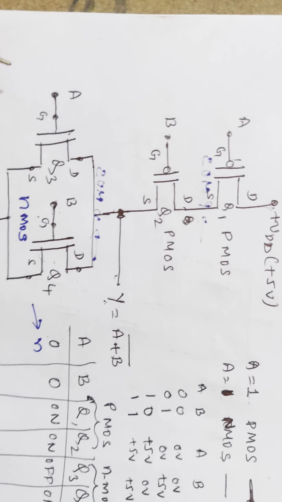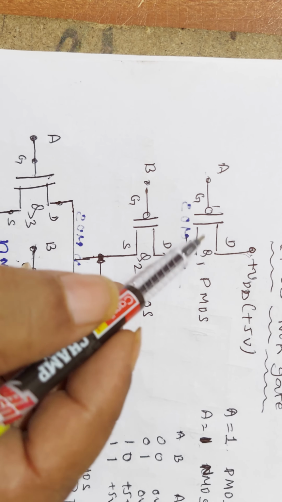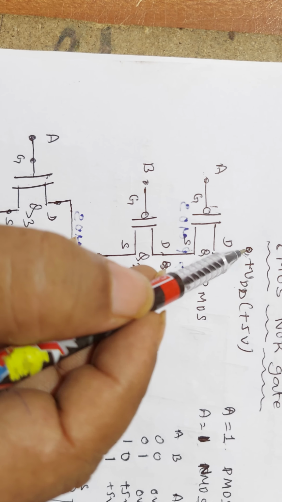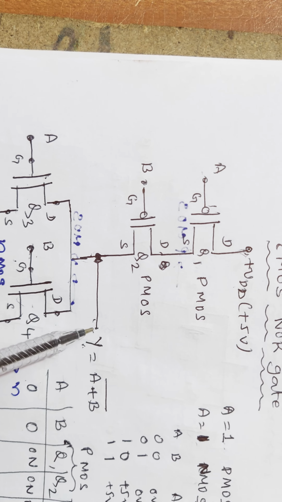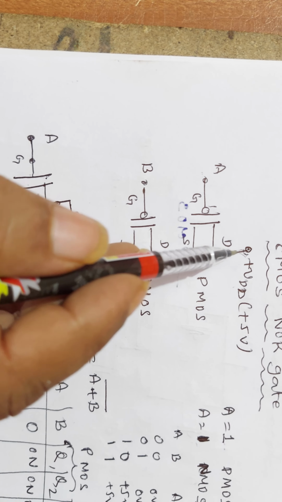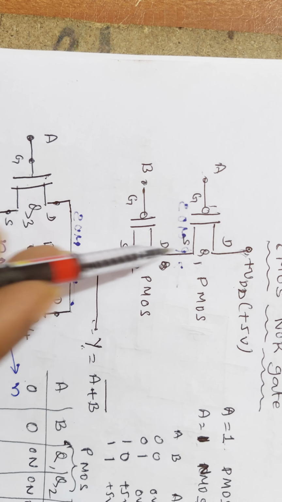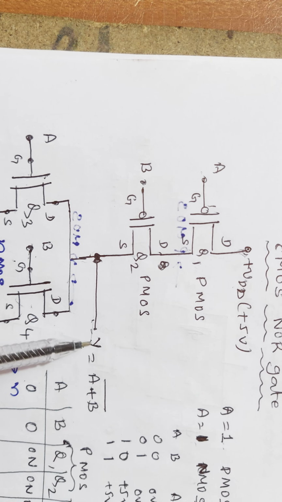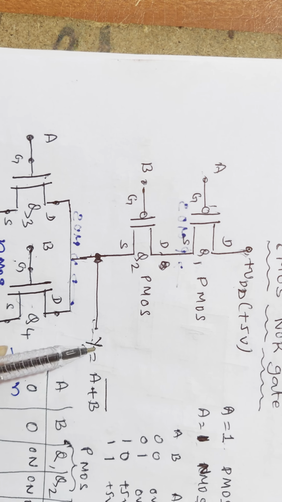So these two transistors going on means they act as closed switches, just like a wire. So current from plus 5 volts easily flows through these closed switches and Y is very high. Therefore, it is logic 1.